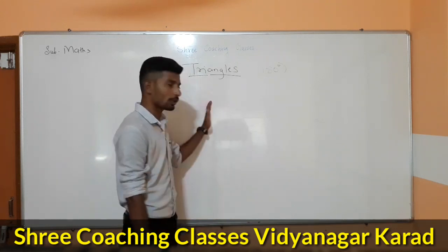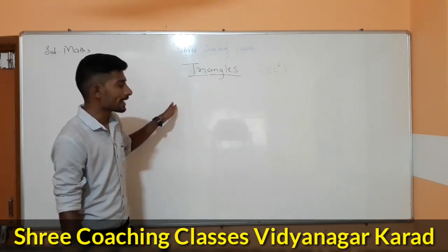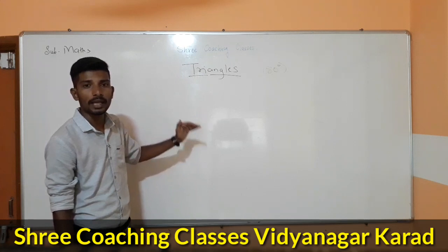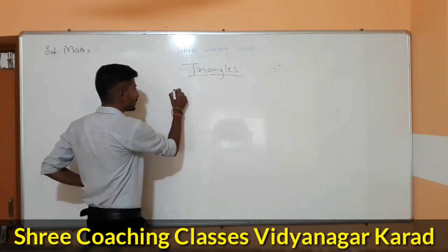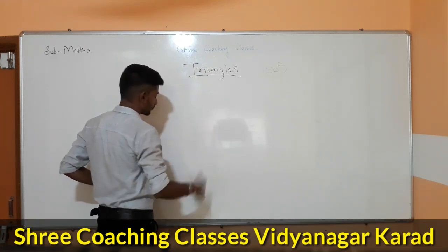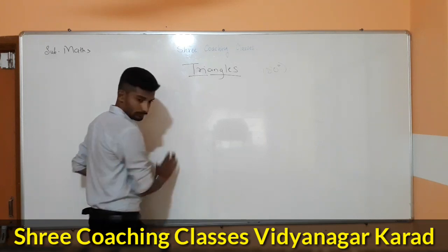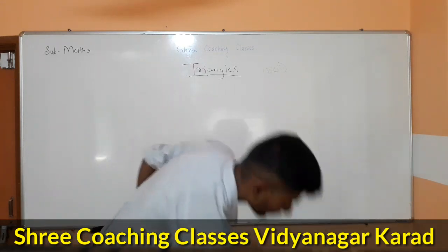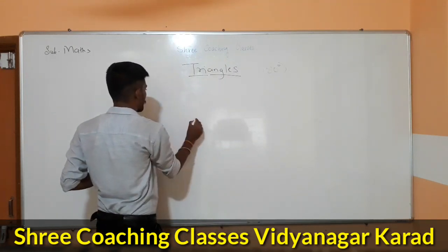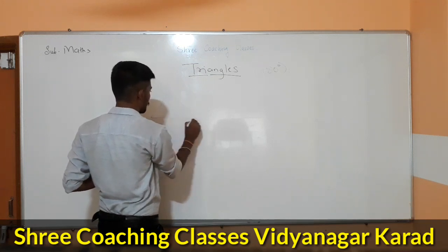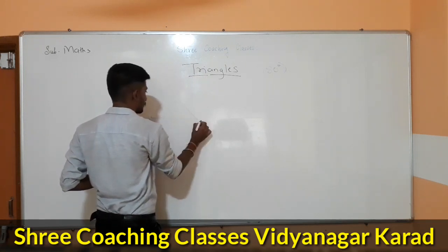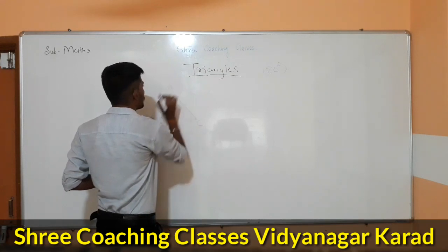So our first triangle will also depend upon that: when all the angles are less than 90, then it is called an acute angle triangle. Okay, so see, the first type is triangle ABC.